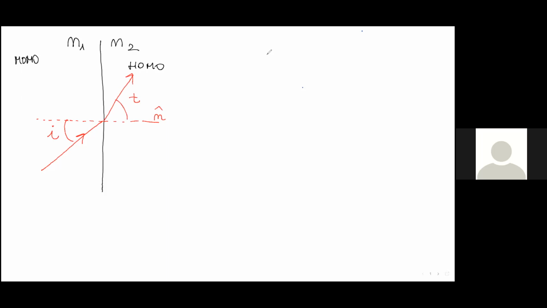One part of the light will be reflected back at a certain angle that I call R. So there will be a reflection of light, and there will be the so-called refraction of light.